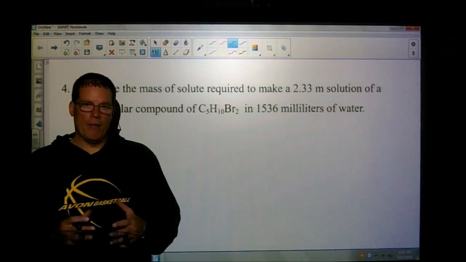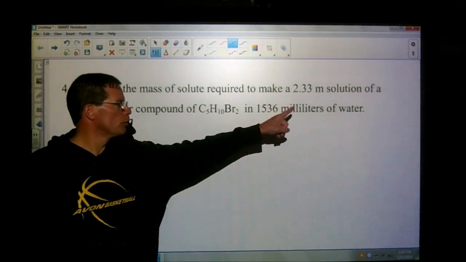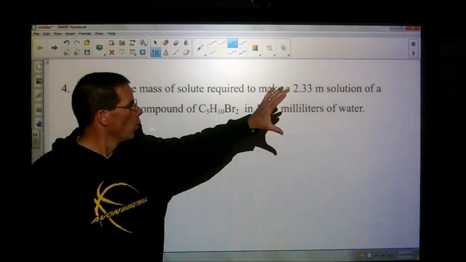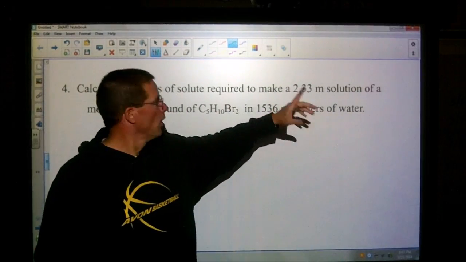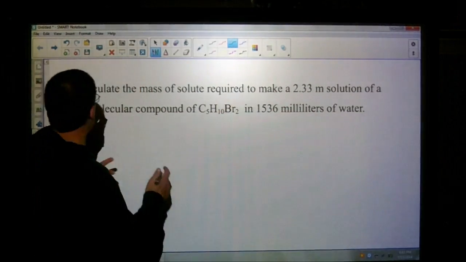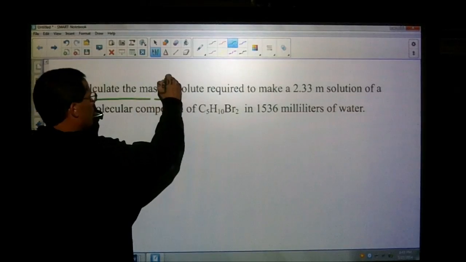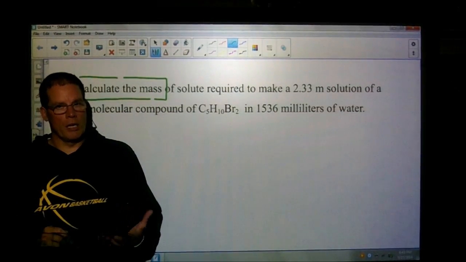Again, if you know the molality and you know something about the water, start with the water. We're not trying to use this value of water to calculate the molality. We know the molality. So make sure you're reading the question and you know what it is asking. This isn't a delta T equation.